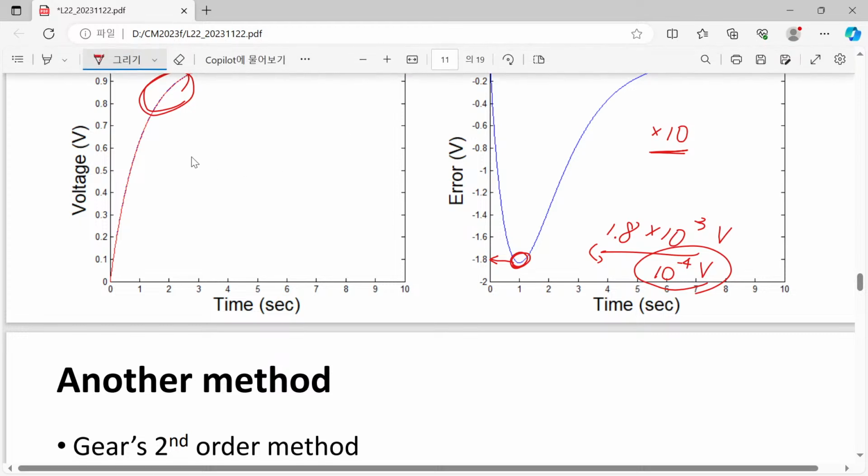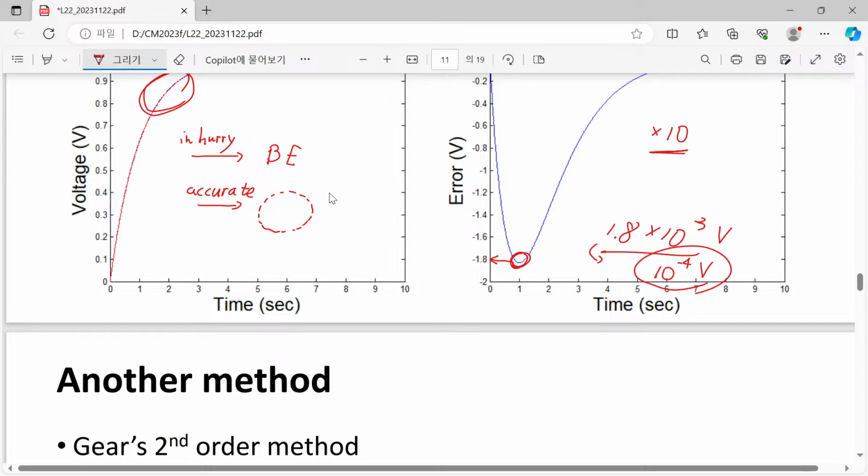Sometimes, if you are in a hurry, oh, I have to find the result, and your accuracy is not that much of a concern, then you select backward Euler. However, sometimes you want a really accurate result, then although spending more time, you want to have a better result.